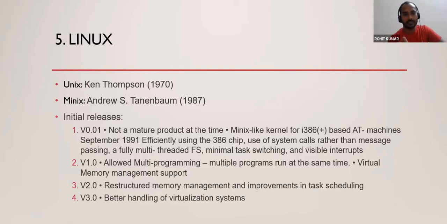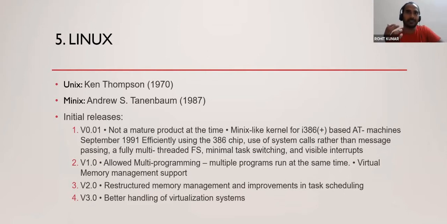Some of the initial releases of the Linux operating system: we consider version 0.1, then 1.0, then 2.0, and then 3.0. There were different functionalities attached to all these versions. As you can see, version 0.01 was obviously not a mature product.